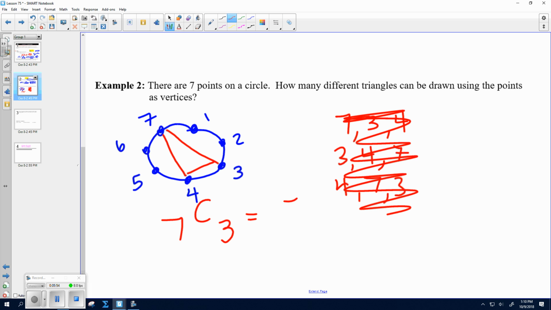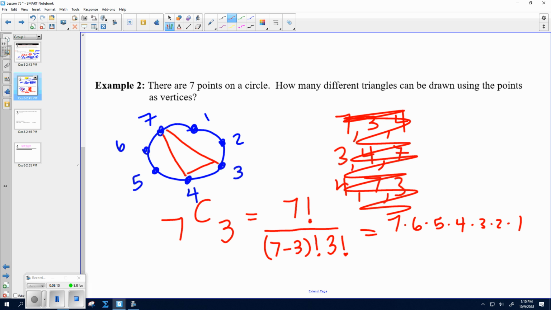So you might see this one without a calculator. In the numerator would be 7 factorial. And in the denominator, we do 7 minus 3 factorial divided by 3 factorial. So remember, combinations always divide out an extra r factorial. So you could write it out: 7 times 6 times 5 times 4 times 3 times 2 times 1. And this is really 4 factorial, so 4 times 3 times 2 times 1, and another 3 factorial, 3 times 2 times 1.